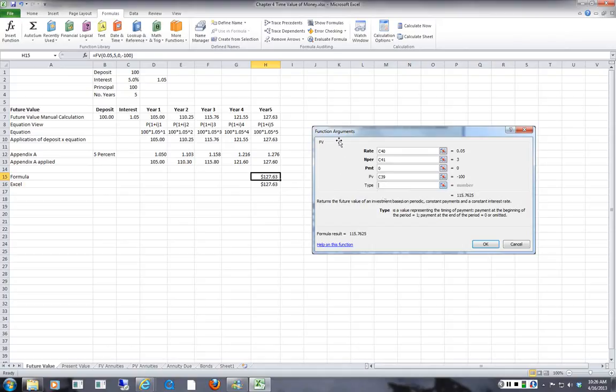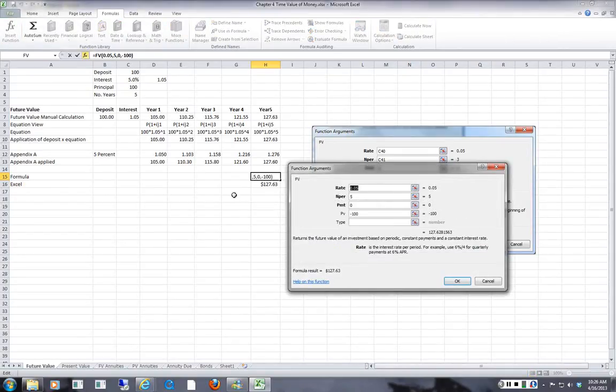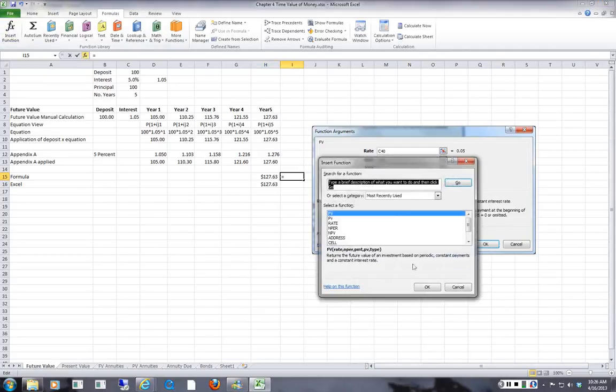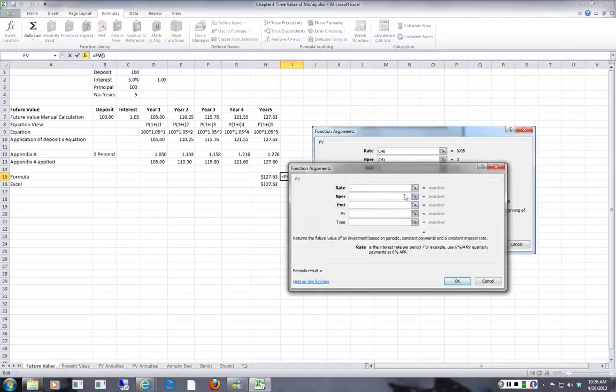So now the formula. Over here, we'll take it right here, and we go up here to the equation, and we're going to click on future value here, and the future value, as you can see, is 0.05. That's the interest rate, and it is 5 years, right? That's NPER, the number of periods. There's no payment here, so we put a 0 in it.